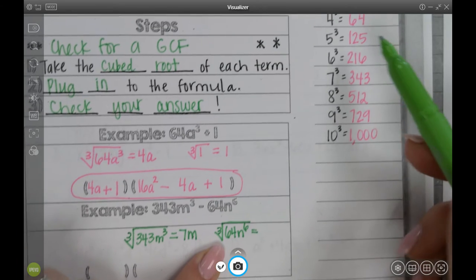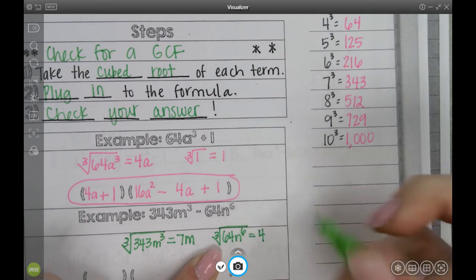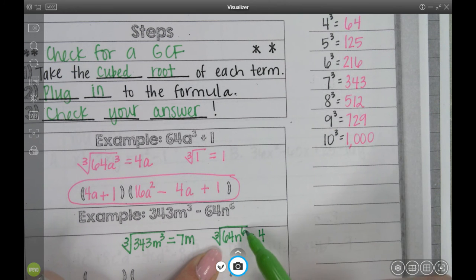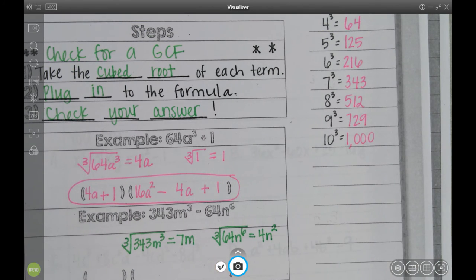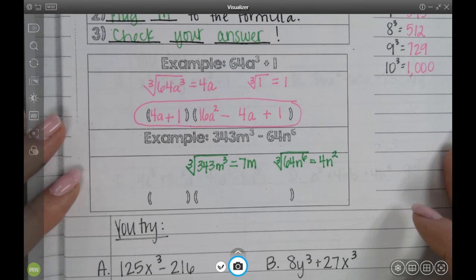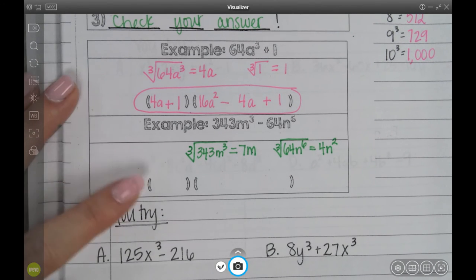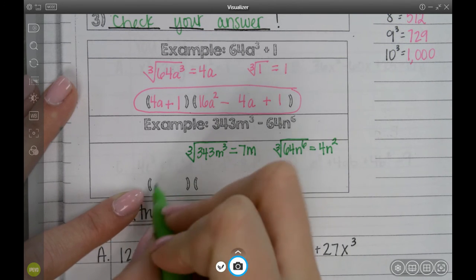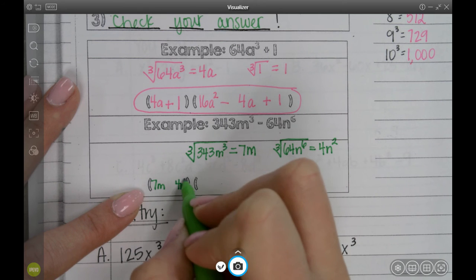The cubed root of 64 is 4. The cubed root of n to the 6th is n squared. And now I'm going to plug into my formula. So I have a and b, or 7m and 4n squared.